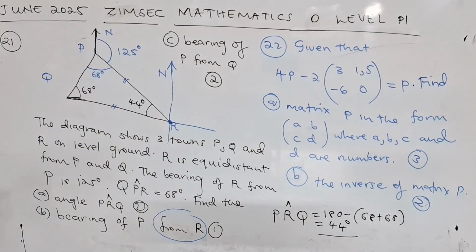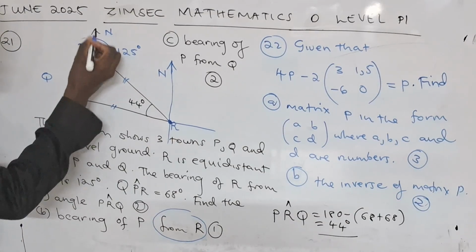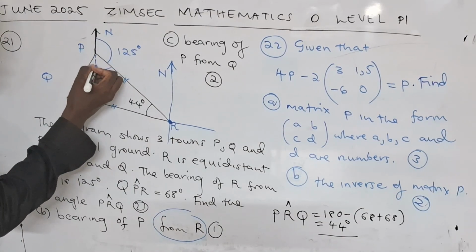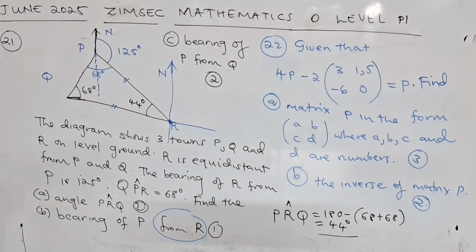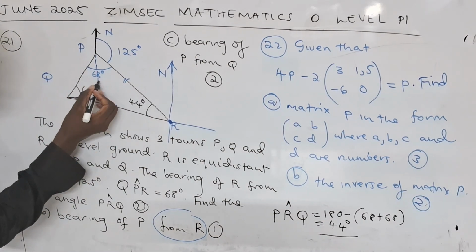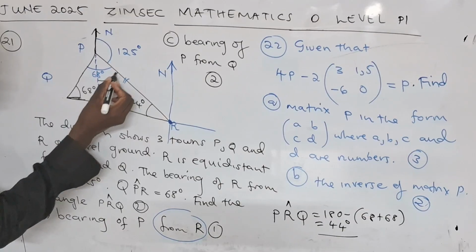There is something that I want you to see. If you come here and project this line, I'm going to extend this line. What is the size of this angle that I'm indicating here?